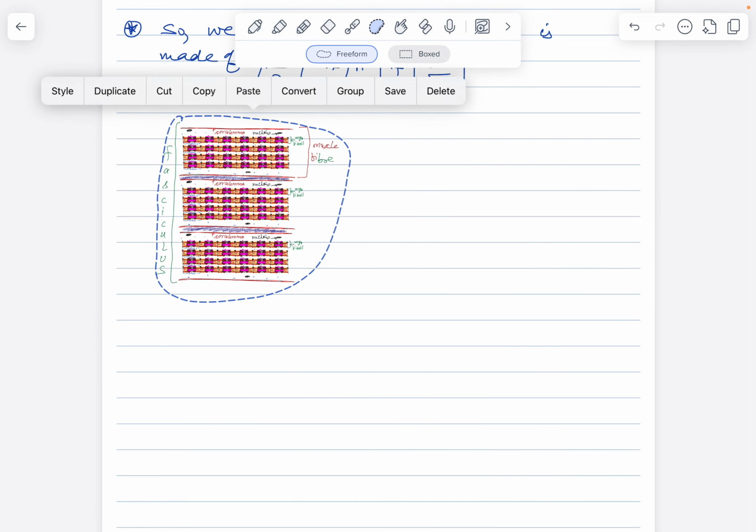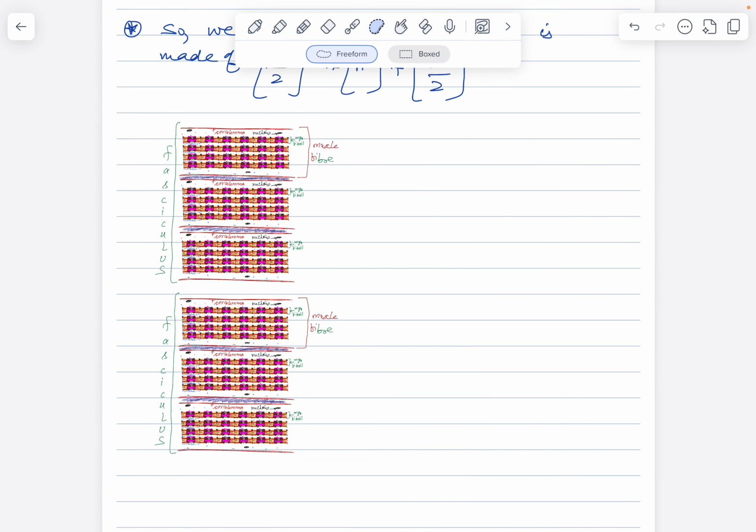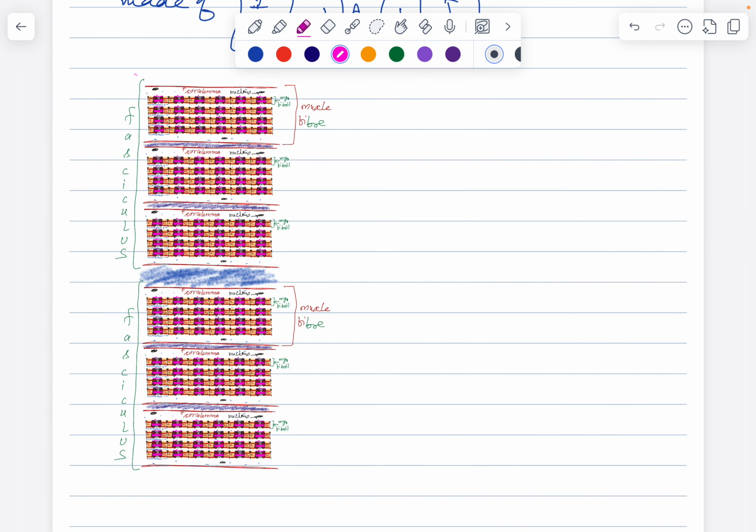And if this is one fasciculus, let me add one more fasciculus here, with the binding material between the fasciculi being perimysium. So now this entire structure is a muscle.